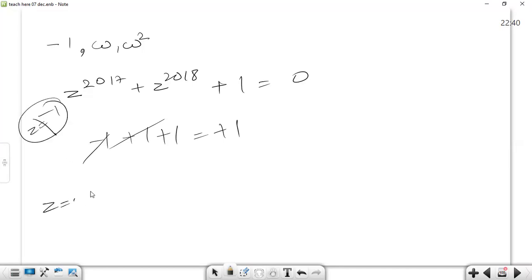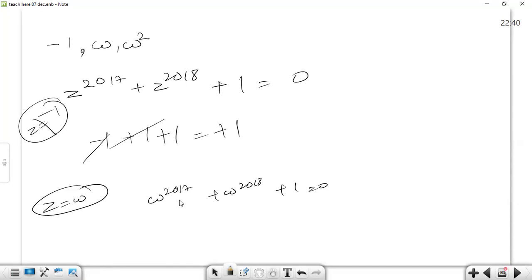Now let's check for z is equals to omega. So omega raised to power 2017 plus omega raised to power 2018 plus 1 is equals to 0. For checking whether something is a multiple of 3 or not, we just sum all of the digits. So 2 plus 0 plus 1 plus 7, that becomes 10.